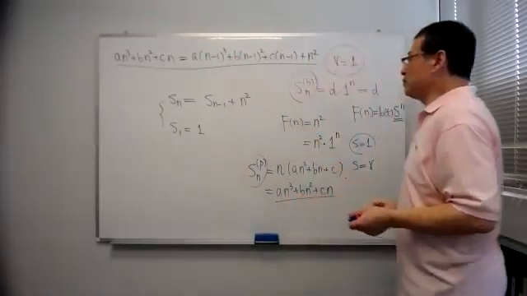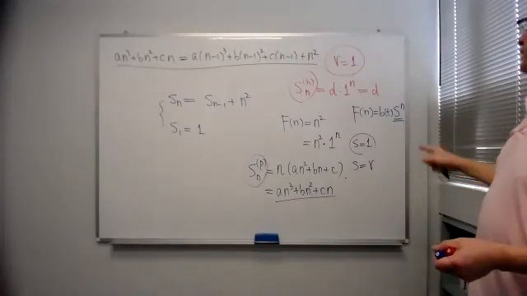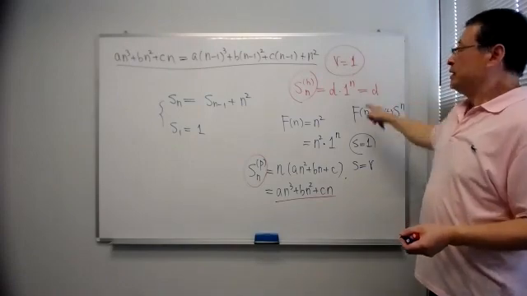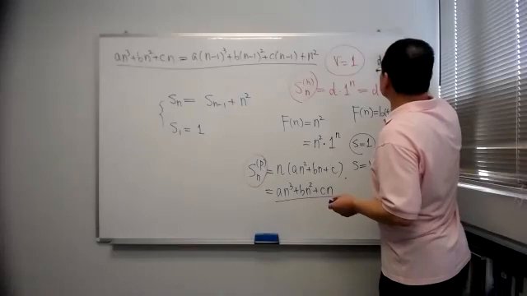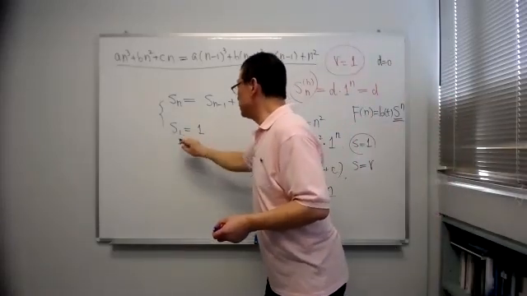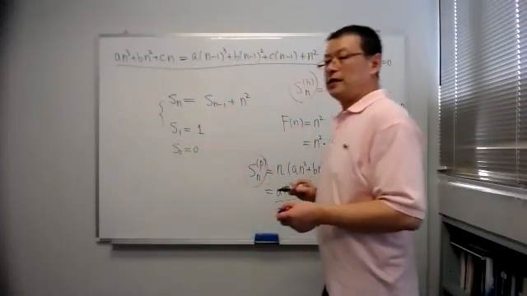For this particular example, a better way is the following. For the homogeneous part, we can actually find that B equals 0. Because of the initial condition S1 equals 1, if we look at S0, it equals 0.